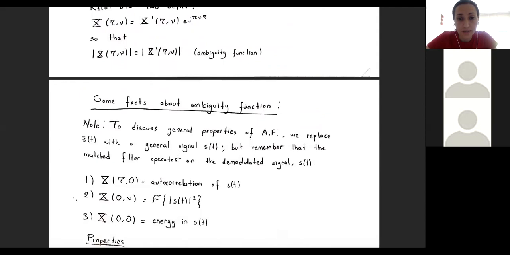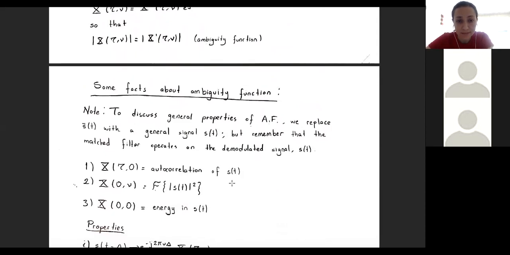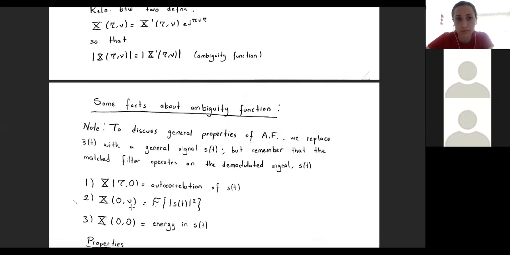Let's understand some facts about the ambiguity function. Those facts will also help us get intuition about it. Let's start by looking at the value at the origin. What is the value of the ambiguity function at tau equals 0 and v equals 0? So 0 delay mismatch, 0 velocity mismatch.